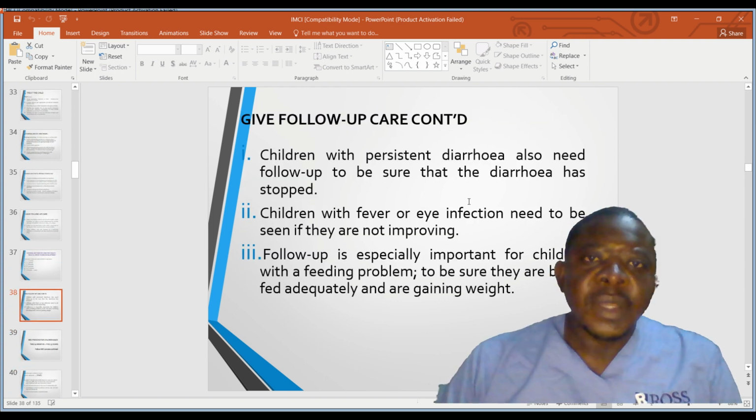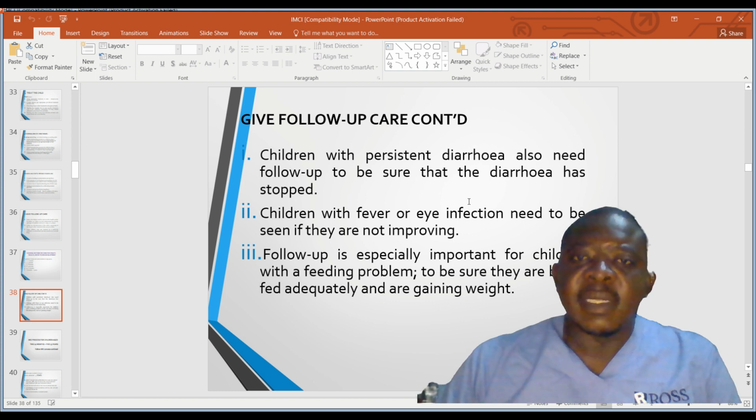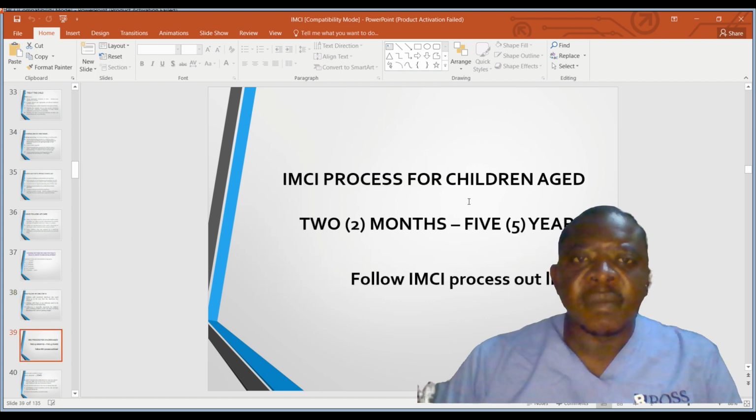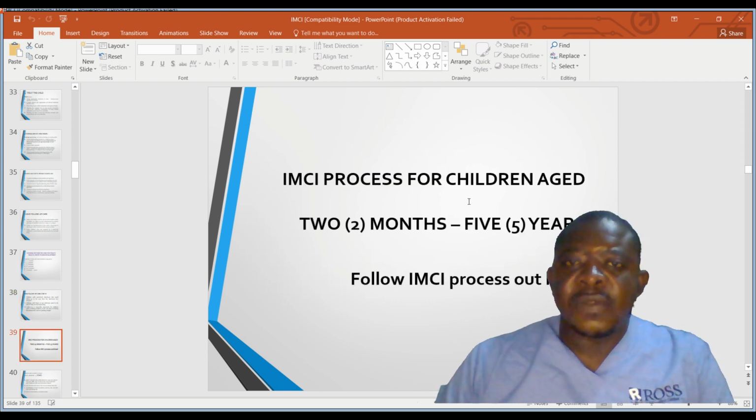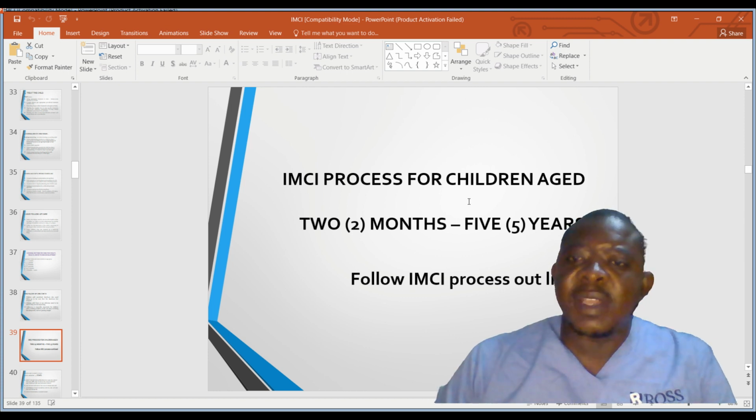You can give follow-up care, that is the date when the mother can come, and children with fever or eye infection need to be seen if they are not improving, because you may need to do a thorough investigation. So that is the IMCI process for children aged 2 months to 5 years. For follow-up, you can follow the IMCI process as we have just outlined.